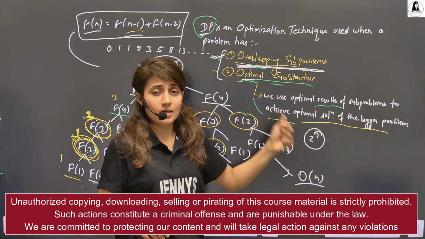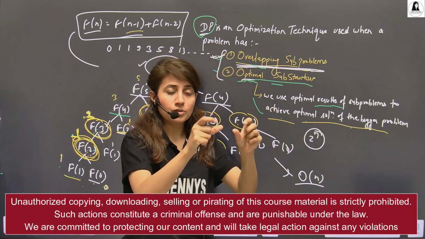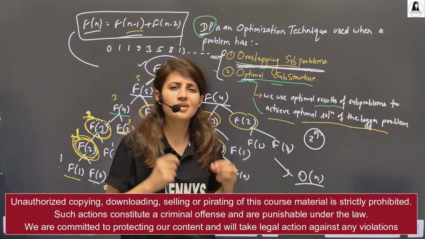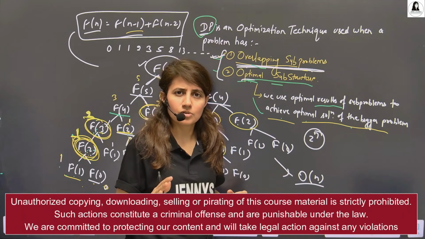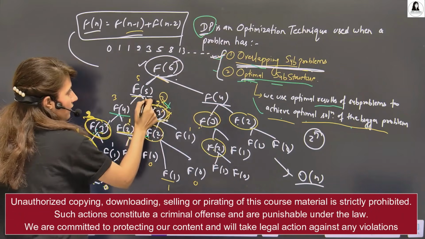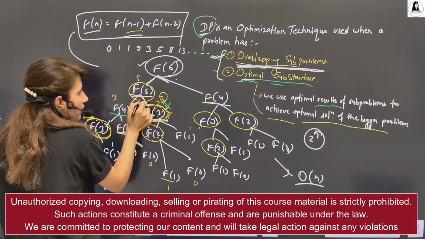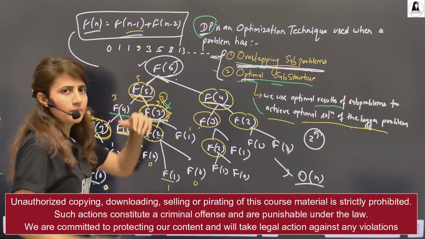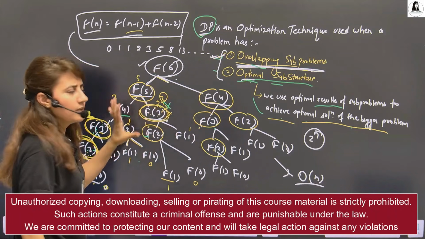In another way, if the bigger problem has an optimal solution, then for sure all the subproblems in it have optimal solutions. So I get the optimal solution for F5, the optimal solution for F4, and I combine them to get the optimal solution for the bigger problem.